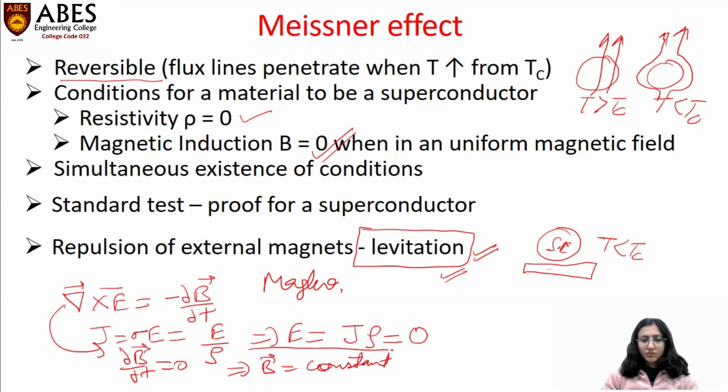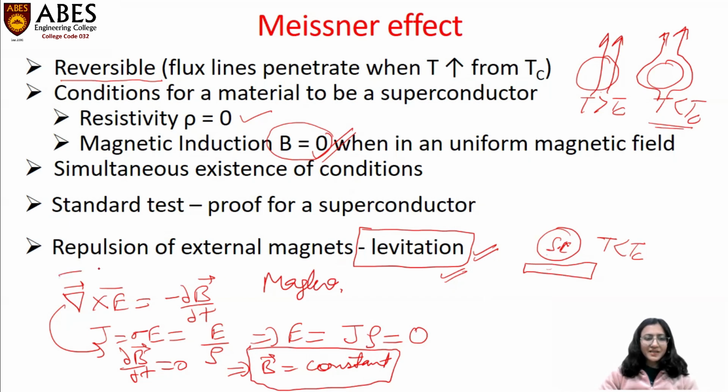So now, from Maxwell's third equation, our magnetic field remains constant, but in the Meissner effect, we know that when the temperature is below critical temperature, no field lines are allowed to pass through it. So B is 0. So this is a contradictory equation. The Meissner effect also indicated that we need a different kind of field equations for superconductors.